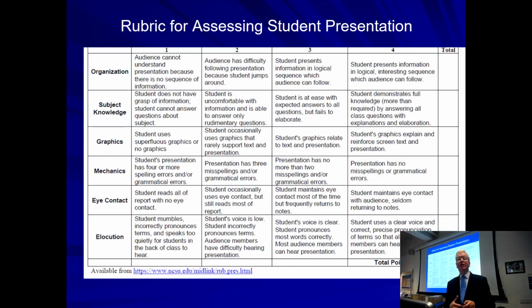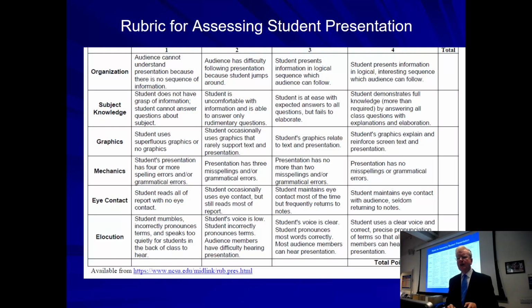I would also always recommend to you, when designing these types of analytic rubrics, that you develop 4 categories, ranging from the poor to the excellent, and then 2 categories for the in-between. I feel that is sufficient.